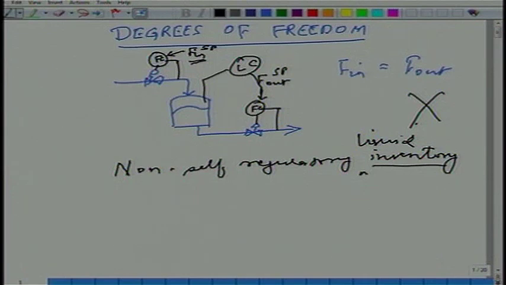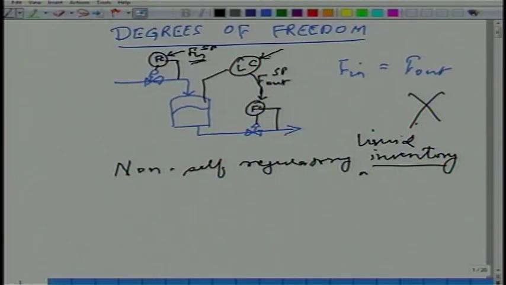The manager has told you this is what it is, so it is given to you. To run this tank, does the operator have anything that he can adjust? The most he can do is adjust the set point of the level controller. Does that have any influence on the steady state flows? Right. So really speaking, the operator has, for a given throughput, no degree of freedom.